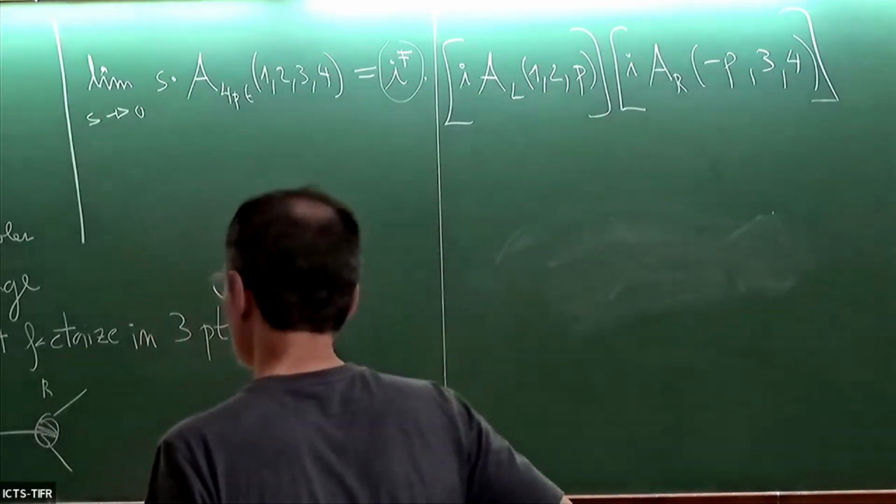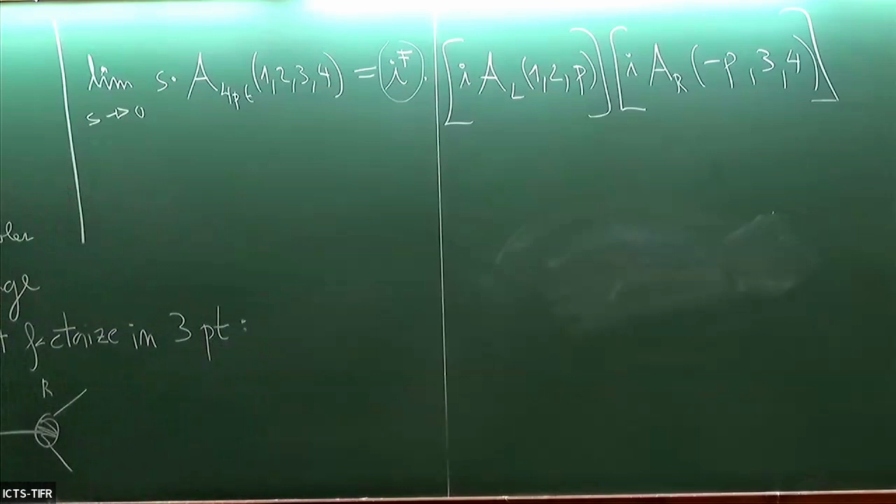I'm assuming tree level, and all my states are massless and stable. When we go to loops, that's another story. But this is what you also do in quantum field theory: you start building the Lagrangian, you write your operators, you have a G there, and you never ask whether this G is running.